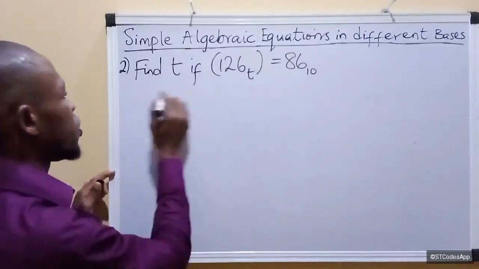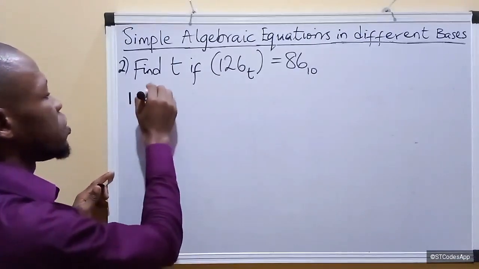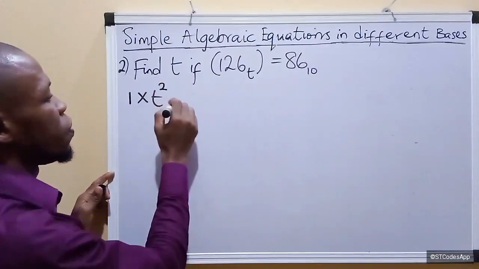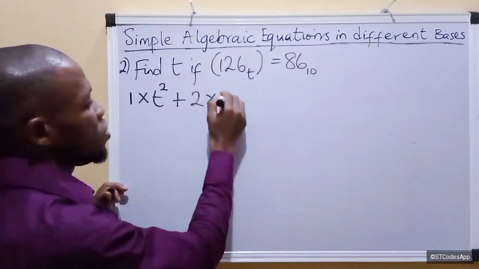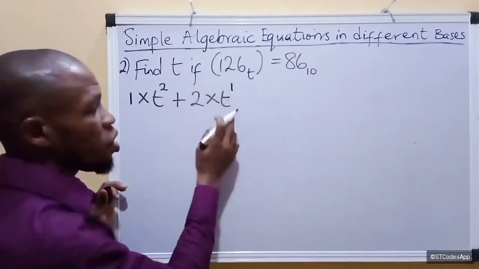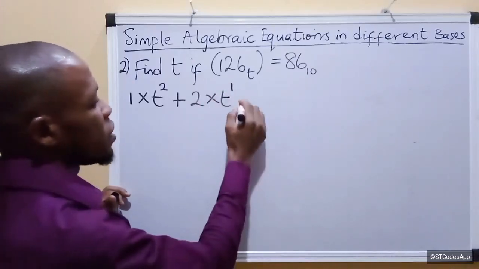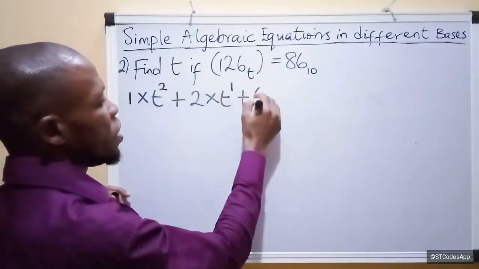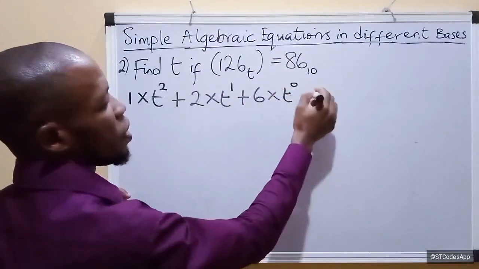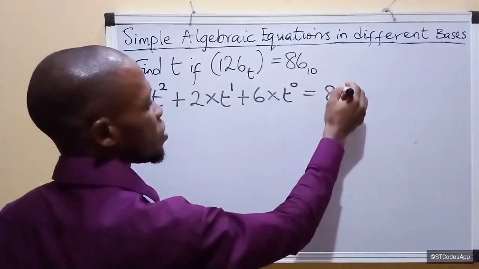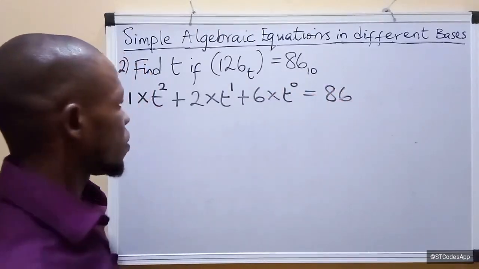So we have the first digit 1 times t raised to power 2, plus 2 times t raised to power 1. We keep subtracting 1 until we get to the end. Plus 6 times t raised to power 0, equal to 86. It's already in base 10.